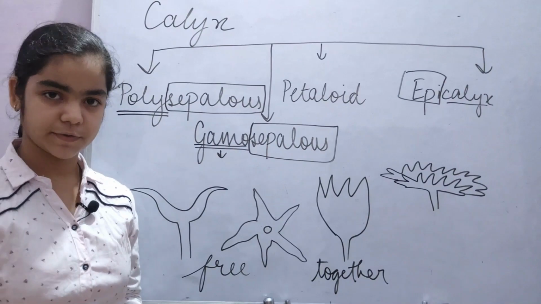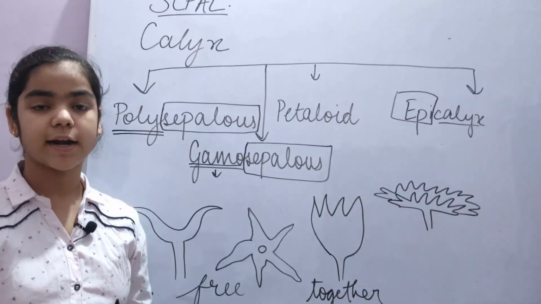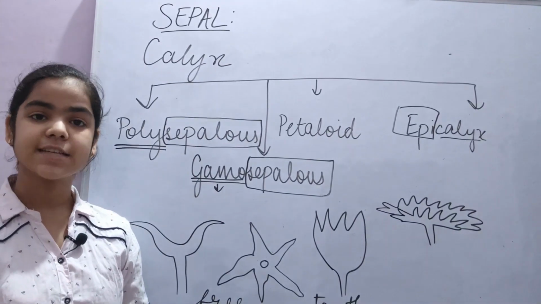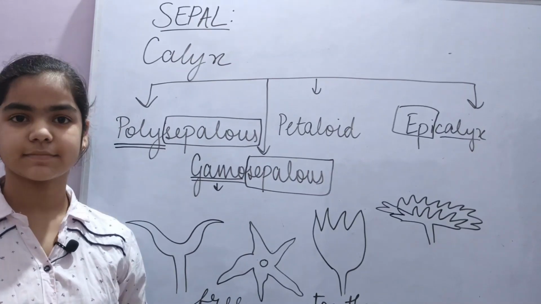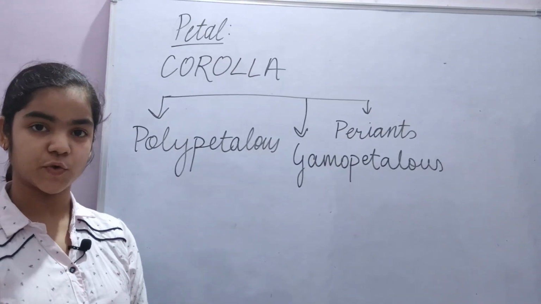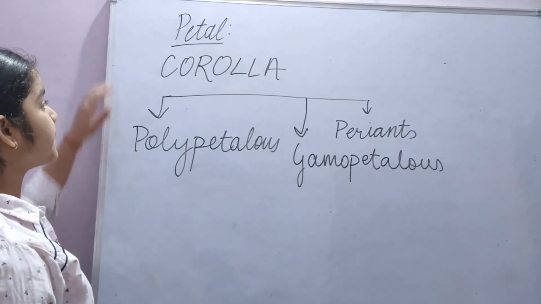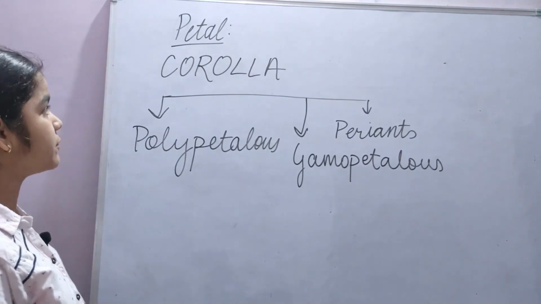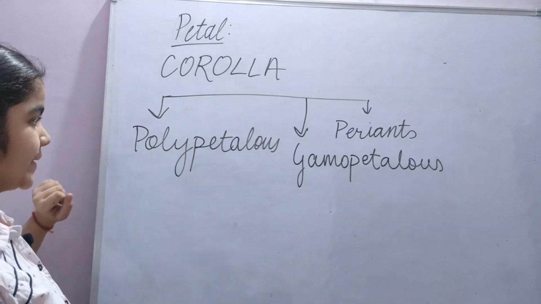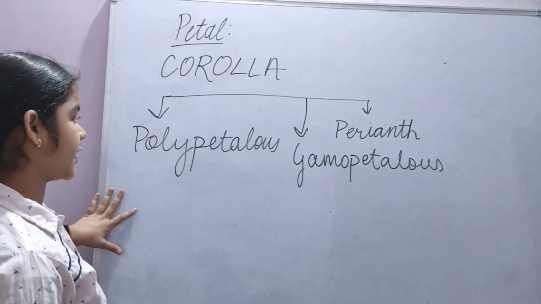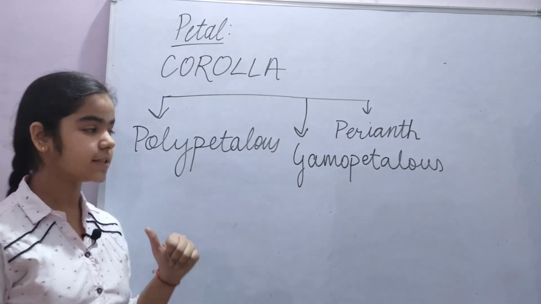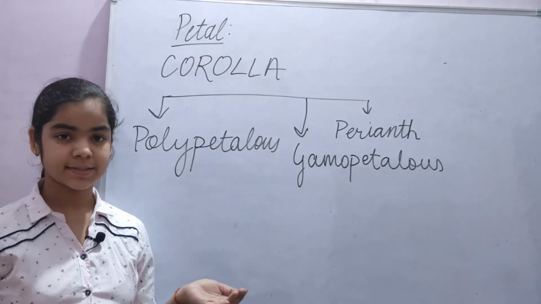Now what is the function of sepal? It protects the flower at the bud stage, and whenever it is green, it performs photosynthesis. The second whorl is called petal, and the collective term for this is corolla. Just in the same case, as we discussed, there is polysepalous.